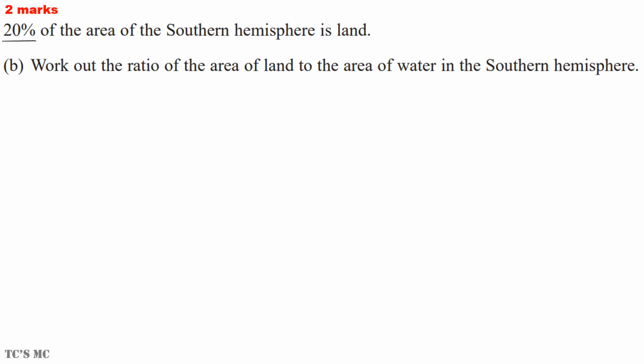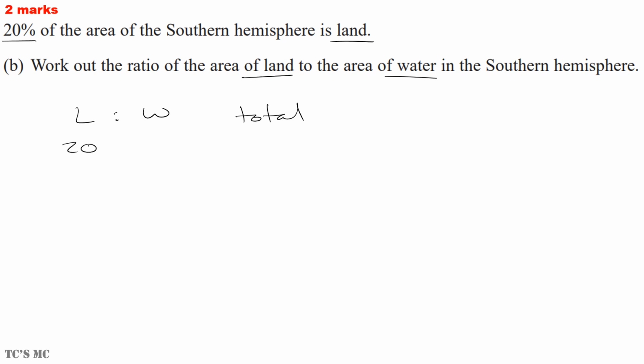20% of the area of the southern hemisphere is land. Work out the ratio of the area of land to the area of water in the southern hemisphere. Again, I am going to use the headings land, water, and total. We know that the percentage of land is 20.